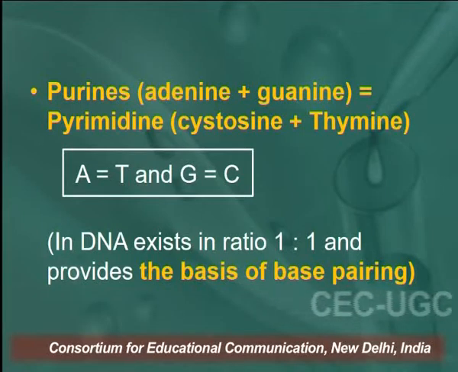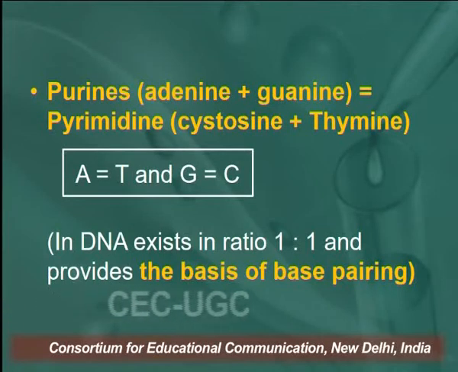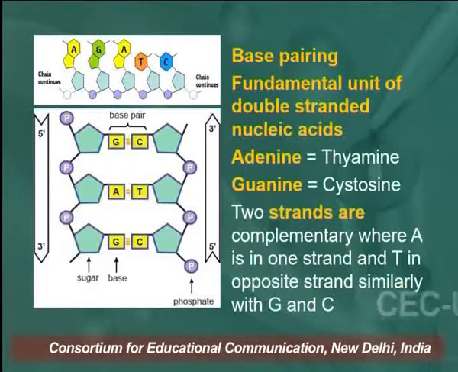So in DNA the bases exist in a 1:1 ratio, and this is the basis of base pairing in DNA molecules. Base pairs are the fundamental units of double stranded nucleic acid, where the numbers of bases are the same.